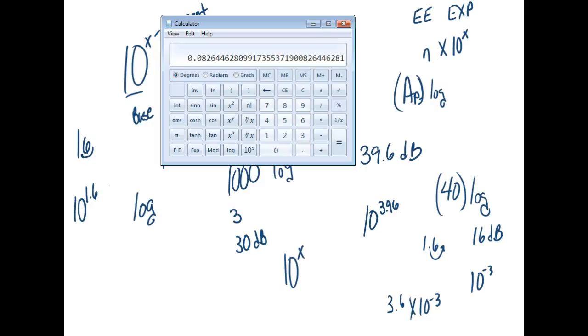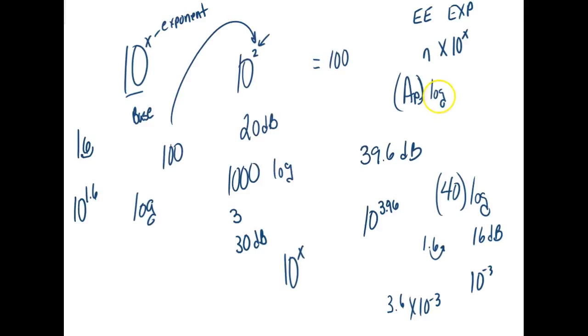So what do we do to go to dB? We take the log, and then we multiply by 10. That takes us to dB, but that's power dB. What we're trying to do is figure out power dB relative to voltage. So I calculate my voltage gain, right?